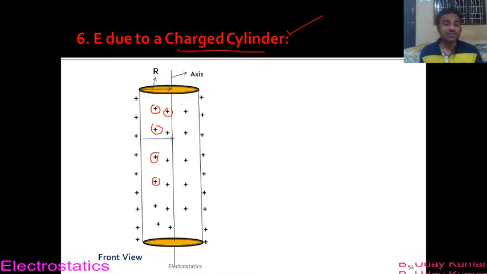So this is the charged cylinder. Whatever charge is given to it is uniformly distributed throughout its volume, which means the charge will be present even inside the cylinder. This we call a charged cylinder.